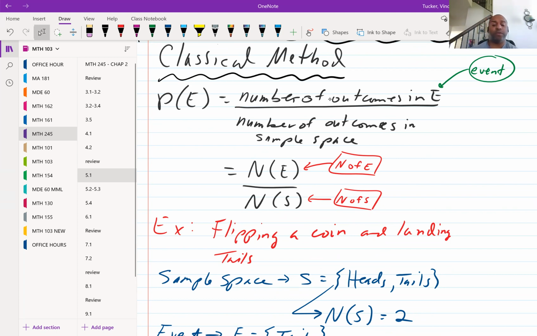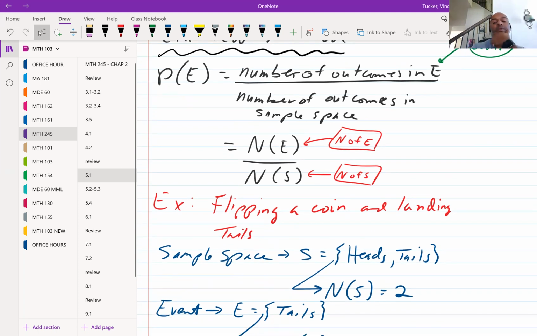That's always the first move to make when dealing with probability. Figure out how many outcomes you have altogether. When it comes to flipping a coin, the only choices are heads and tails, so we have 2 possible outcomes. So N of S, the number of all outcomes, is 2.